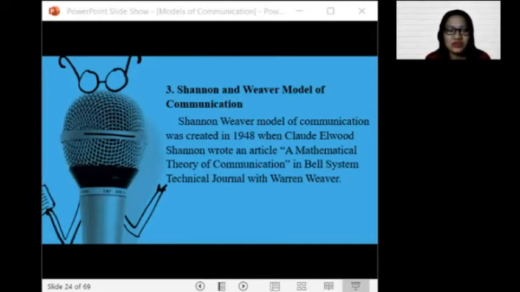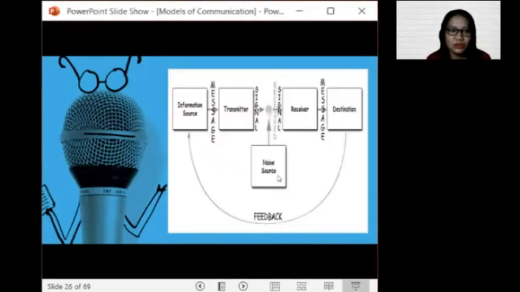Therefore, the message received by the receiver or listener was not necessarily the message sent by the sender. And since we are talking about telephone communication, they also introduced the concept of noise, which was absent in the first two linear models of communication. So just like with the other models of communication, it also has elements of communication.